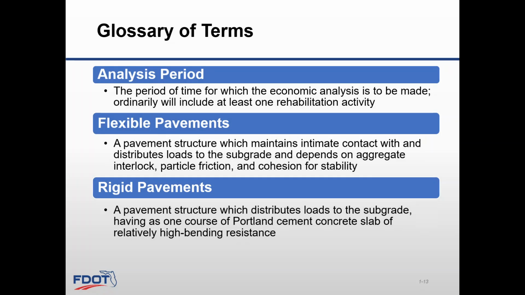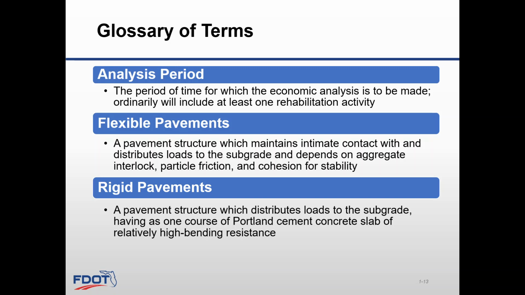Here is a glossary of terms mentioned in the pavement type selection manual. Analysis period. The period of time for which the economic analysis is to be made ordinarily will include at least one rehabilitation activity.